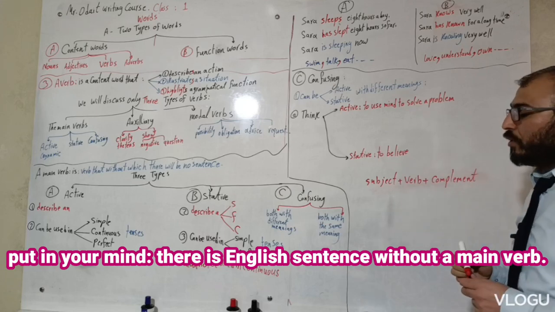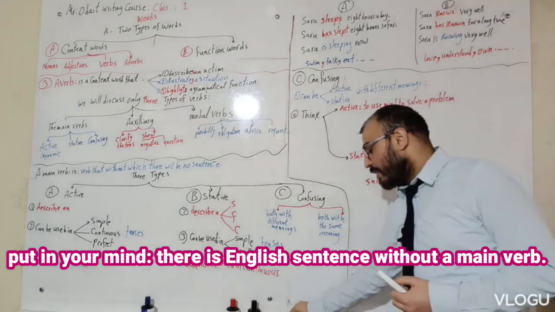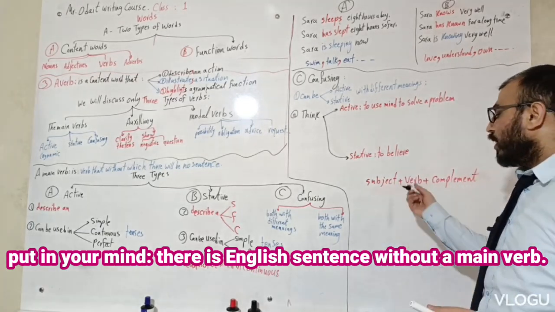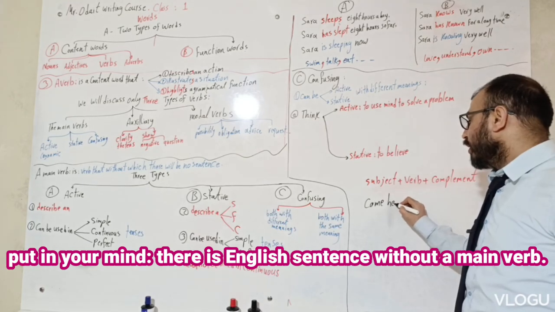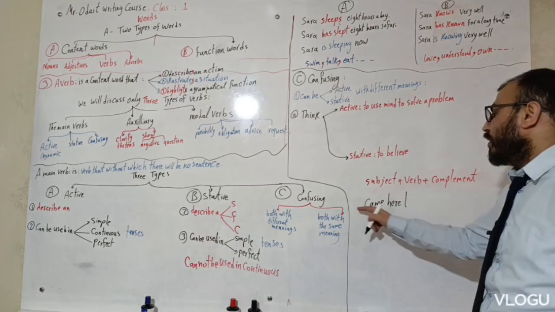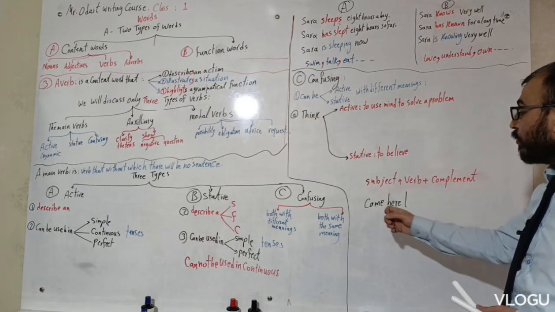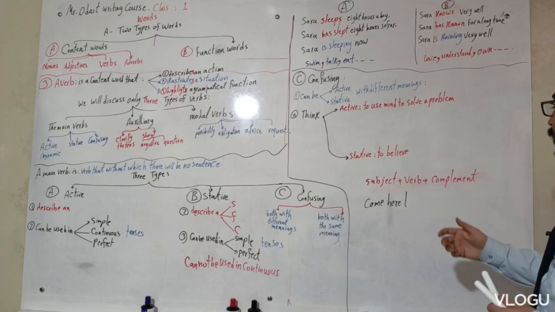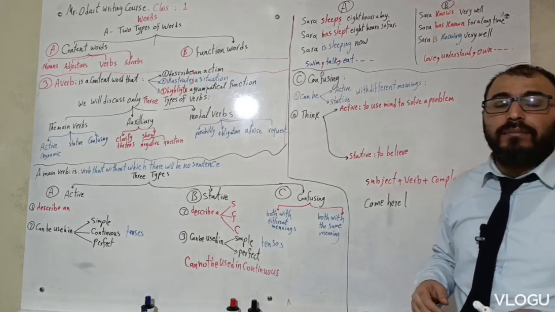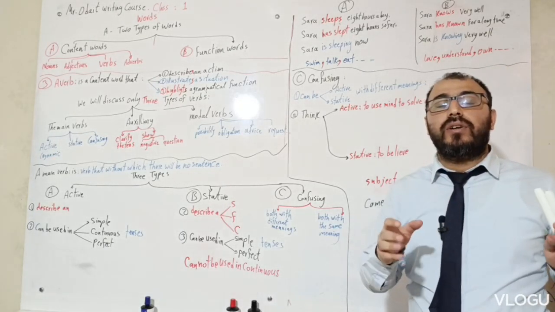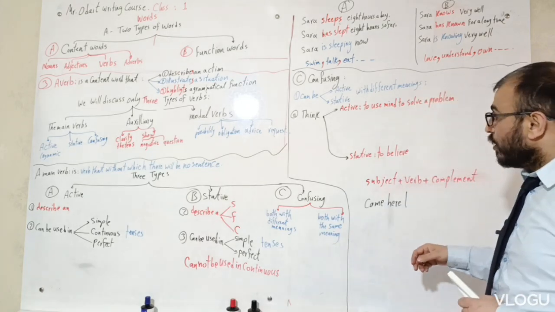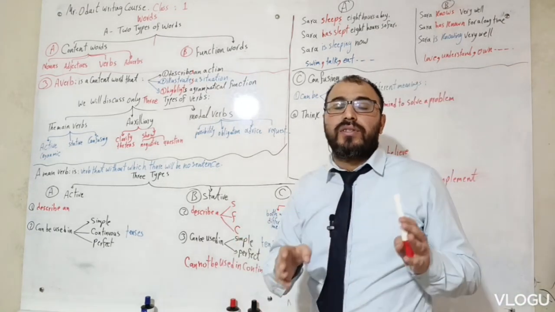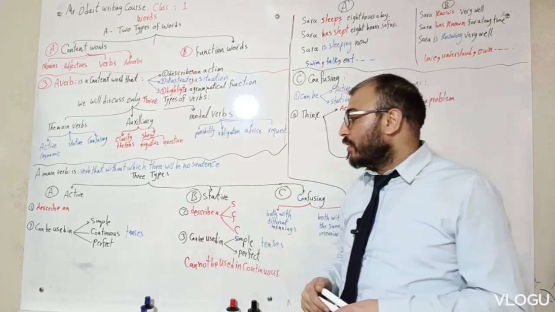Generally, my friends, you can make a sentence without a subject. For example, if you use the imperative, you say, come here. As you know, there is no subject written here. We can depend only on the verb. On the other hand, my friends, there is no English sentence in the world without a verb. So we call it a main verb because without it, there is no sentence.